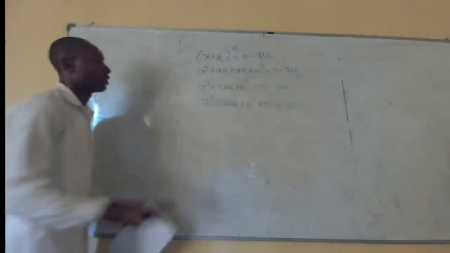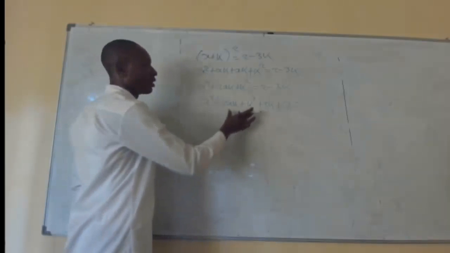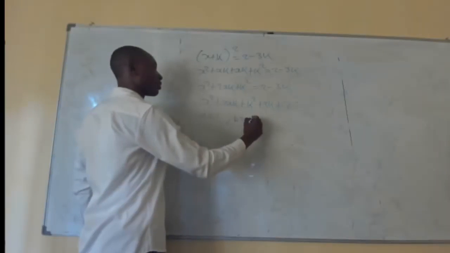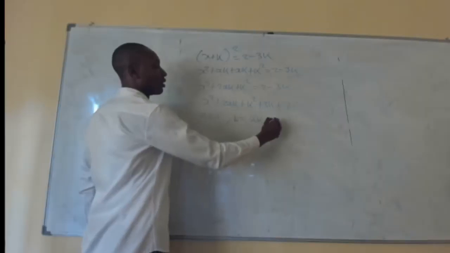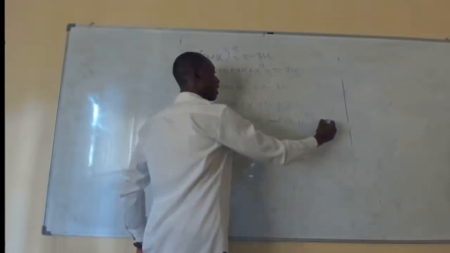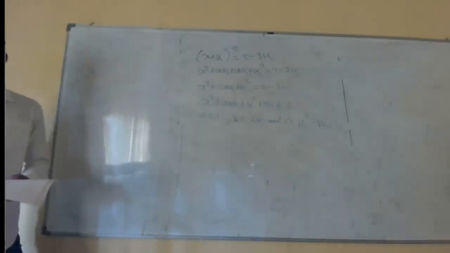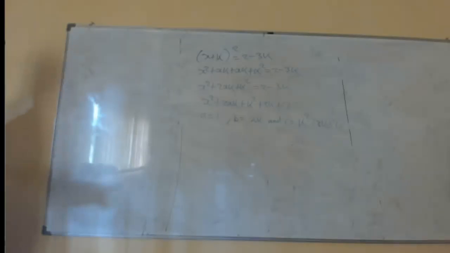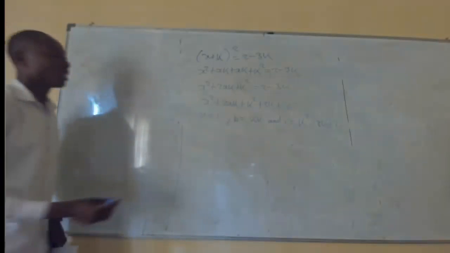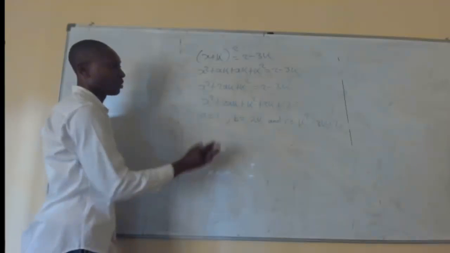So here, A is 1, B is 2k, and C is everything here, k squared plus 3k minus 2. Okay, so that is our C. Then you've been told that this quadratic equation has roots which are equal.